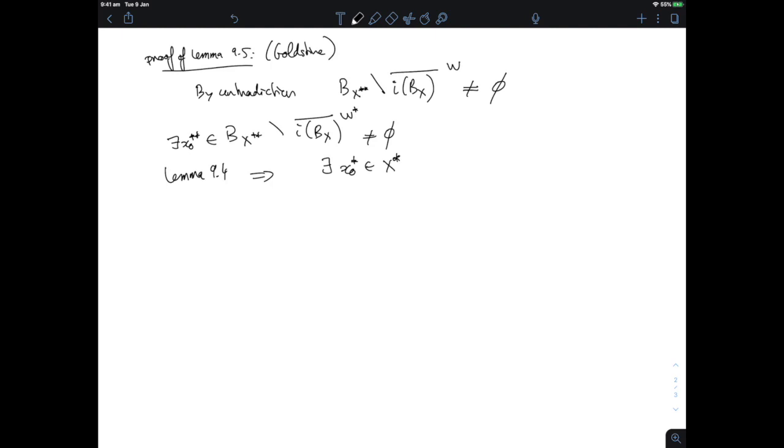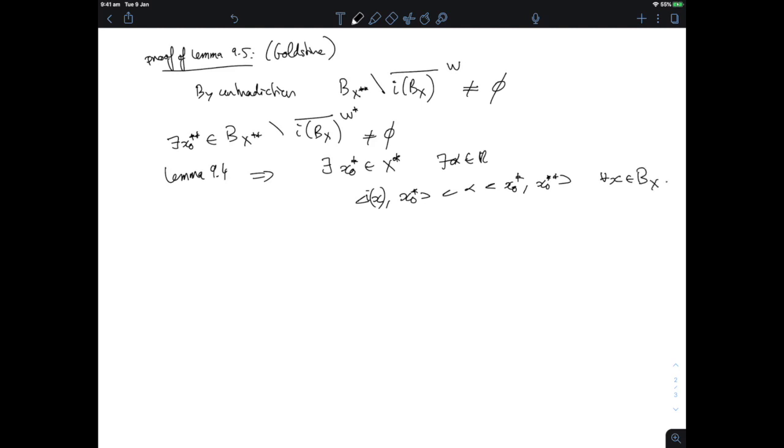And then there exists an x naught star in x star, and there exists an alpha in R, for which I have that x naught star is smaller than alpha and is smaller than x naught star, x naught double star. So really I should write ix here, and that's for every x in the unit ball of x.